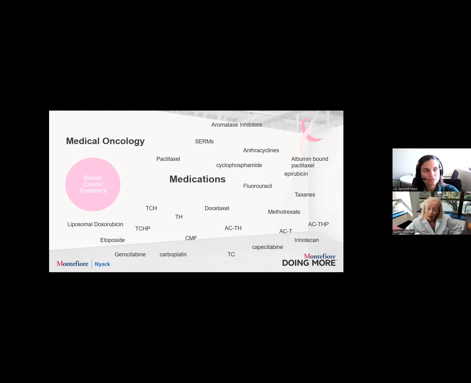They may be recommended to take a pill such as tamoxifen or one of its sisters, an aromatase inhibitor, to help treat breast cancer, or to help prevent it as a risk reduction measure as well. There are so many types and classes of medications available in this current era to facilitate treatment of breast cancer.